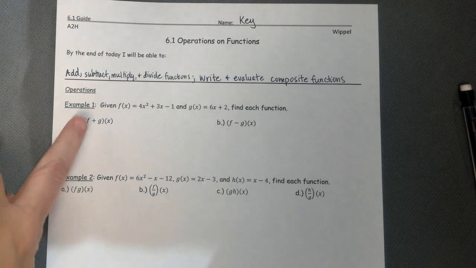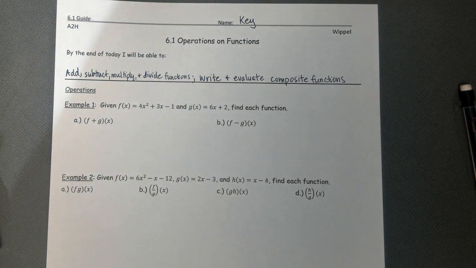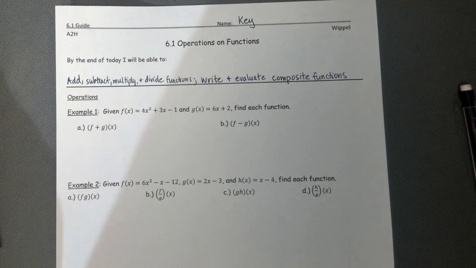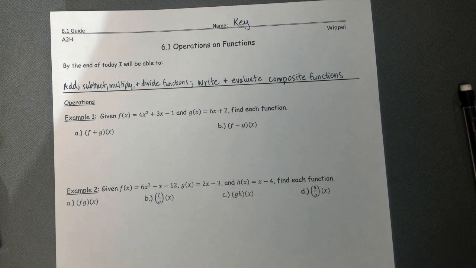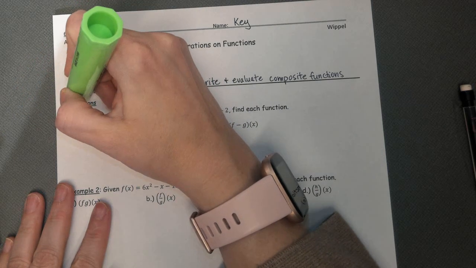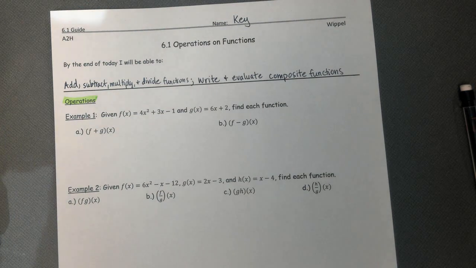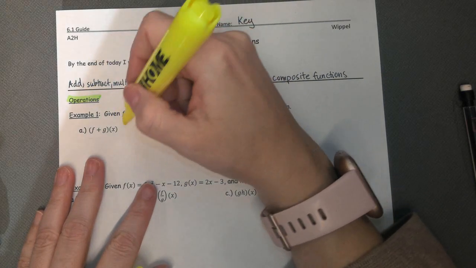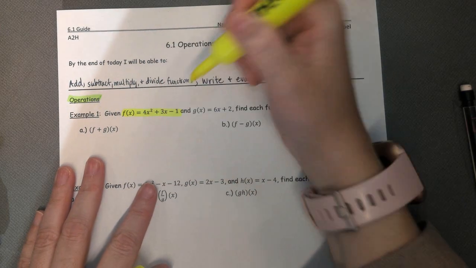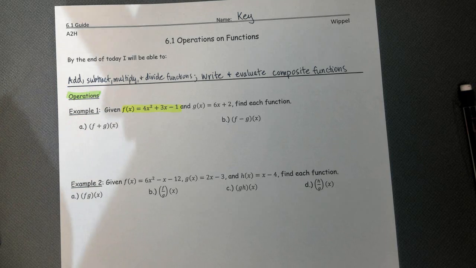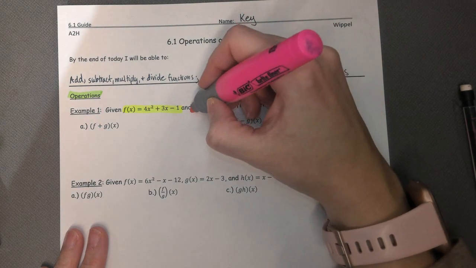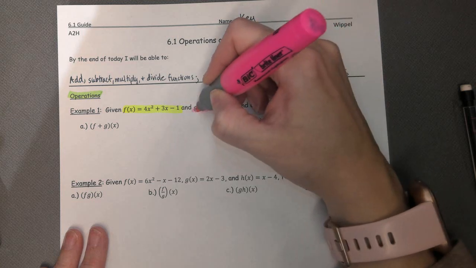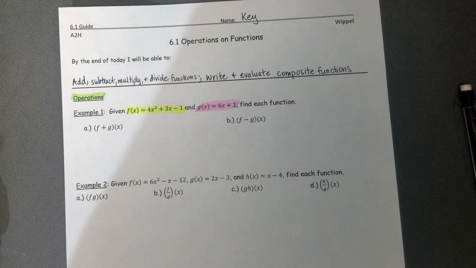All right, so the first part is the operations. So whenever you're doing the operations of functions, you're going to be given values of polynomials. So for this one, it says you're given f of x is 4x squared plus 3x minus 1, and g of x is 6x plus 2.